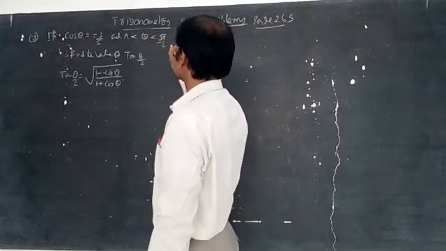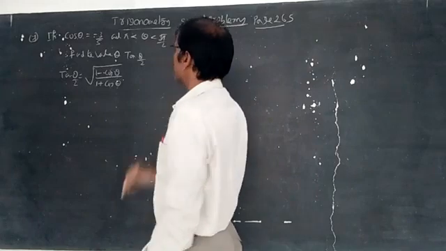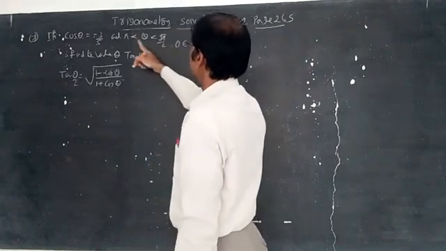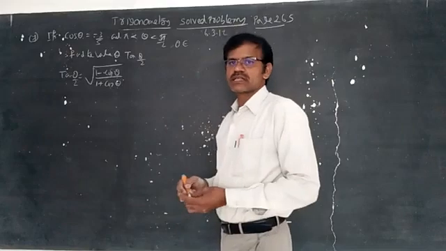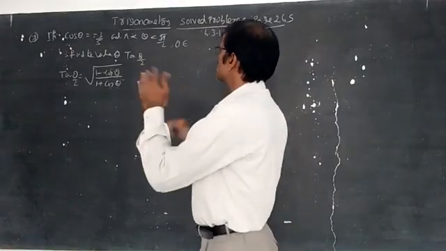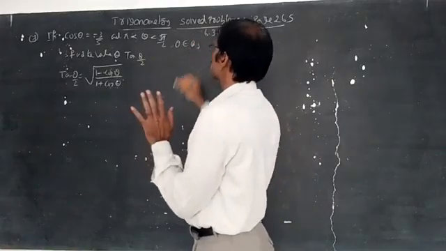So cos theta is equal to minus 3 by 5 is given, and theta belongs to pi less than theta less than 3 pi by 2. So 180 to 270, it becomes Q3.